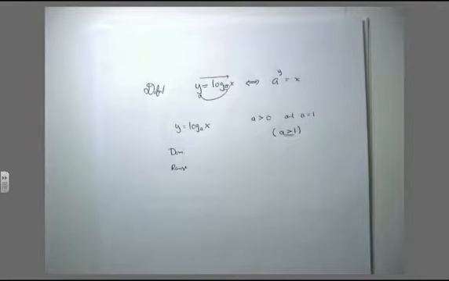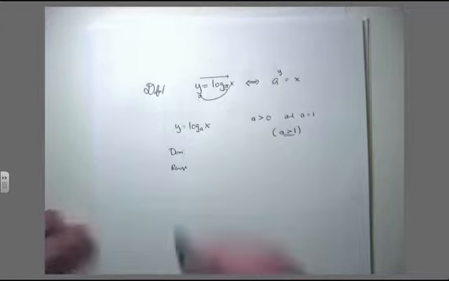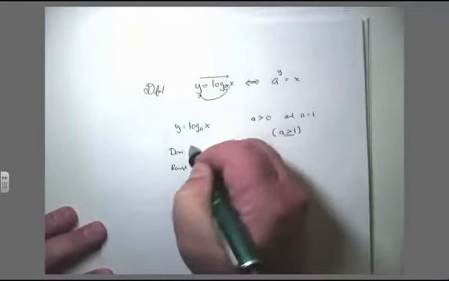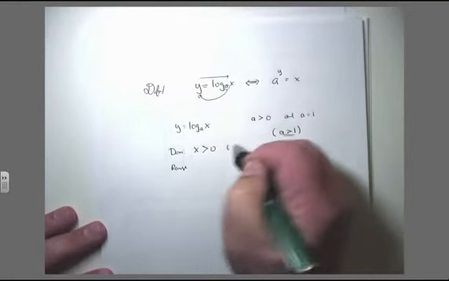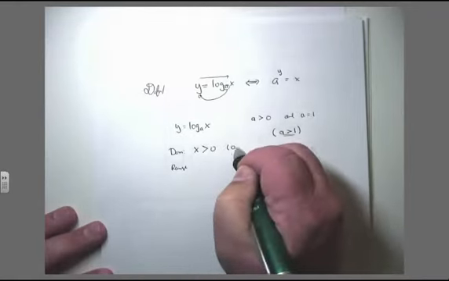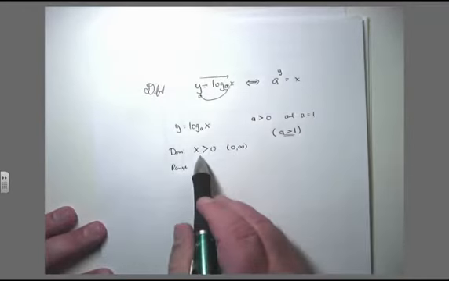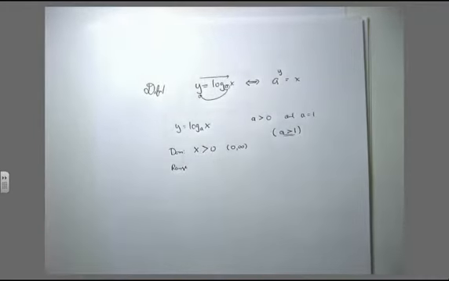When it comes to logs, you cannot take the log of 0, nor can you take the log of negative numbers. You can only take the log of positive numbers. So your domain is whatever you're taking the log of, I'm taking the log of x here, must strictly be greater than 0. For interval notation, that would be parentheses 0 to infinity. It can't be equal to 0. It's got to be strictly greater than 0.